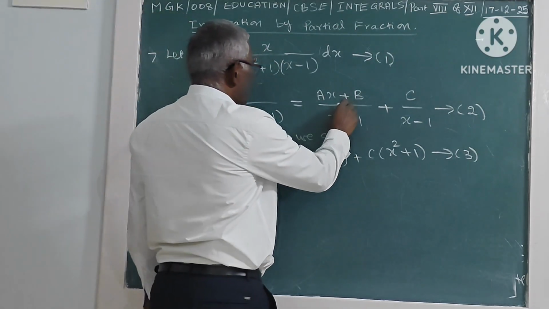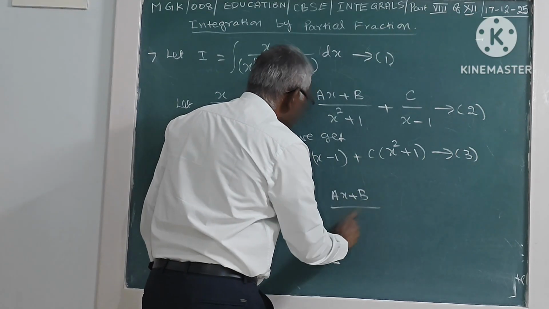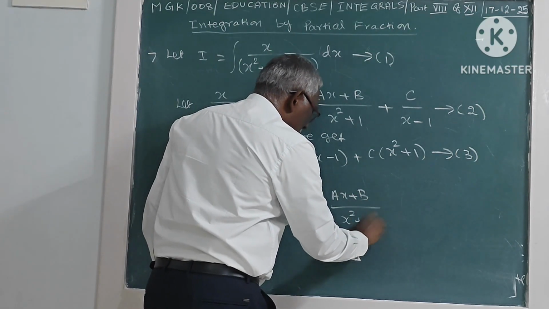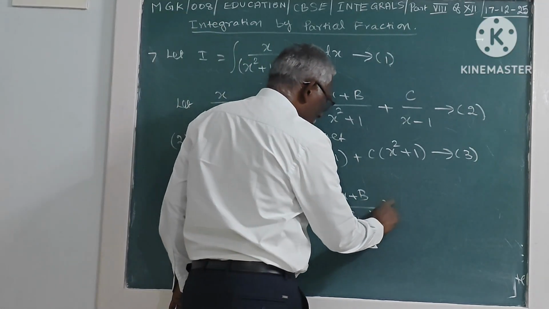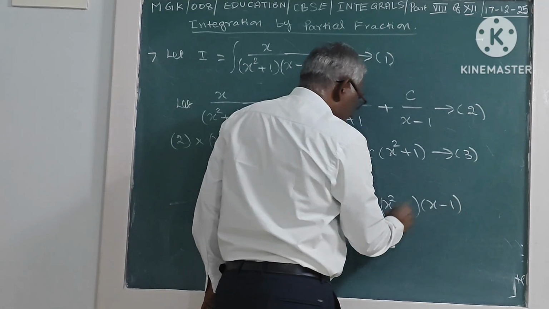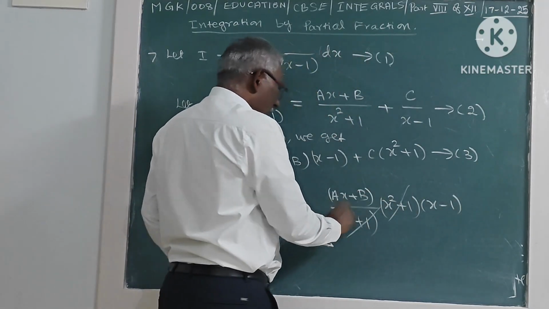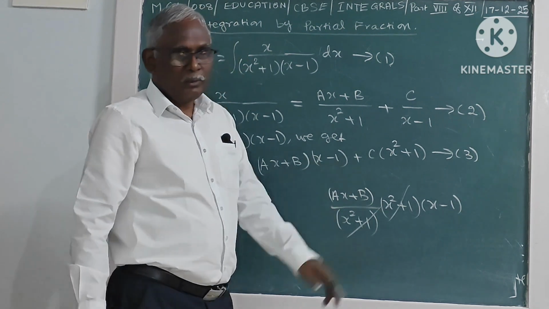So take this case, ax plus b by x square plus 1. When you multiply this by x square plus 1 into x minus 1, this gets cancelled. You're getting ax plus b into x minus 1.